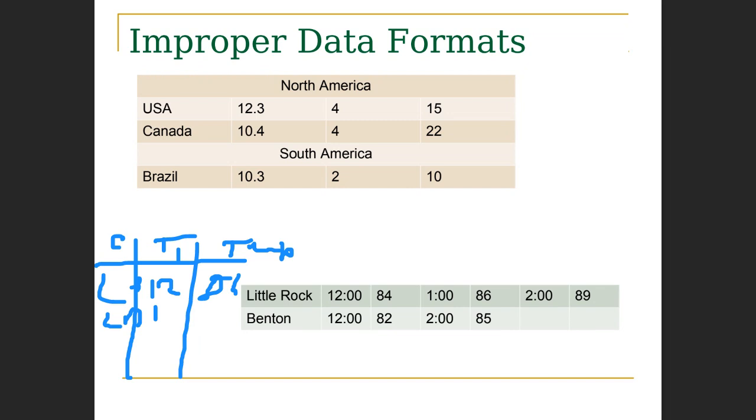At 1 it is 86. And then Little Rock at 2 is going to be 89. And same with Benton, you're going to have 2 entries here, Benton and Benton. I'm not going to spend time to do that. So basically, my data set really has size 5, sorry, and 3 dimensions associated to it.